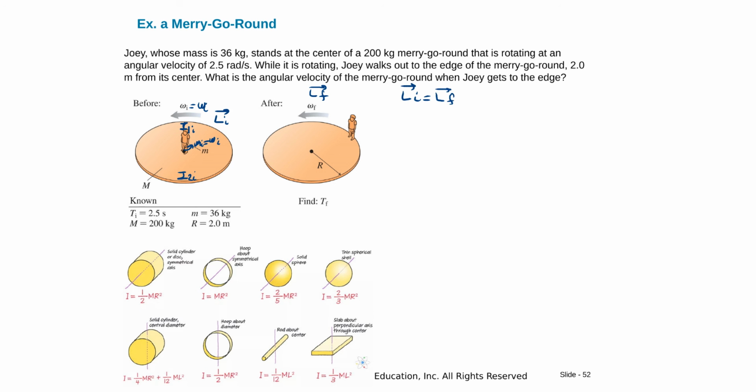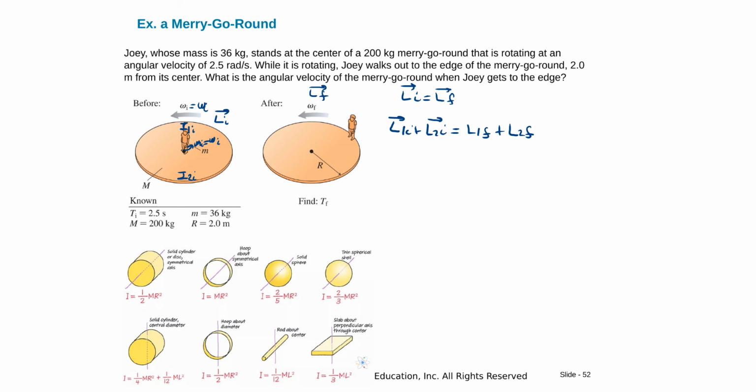In this case, we're going to write L1 initial plus L2 initial is equal to L1 final plus L2 final. The moment of inertia for the merry-go-round we will calculate using the moment of inertia of a solid cylinder or a disk.